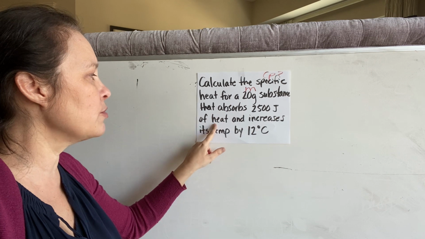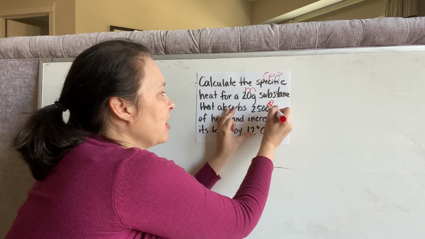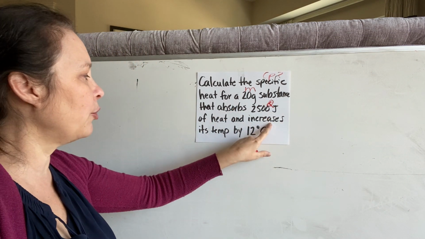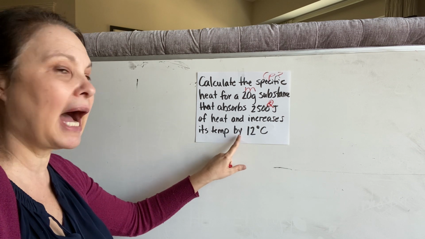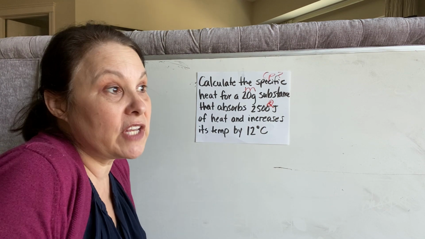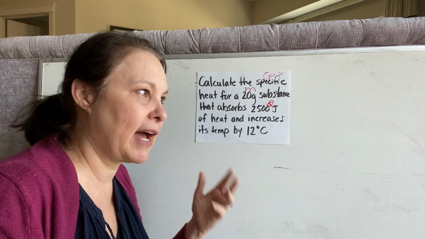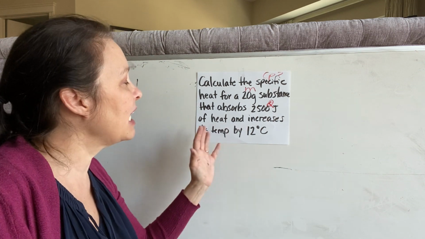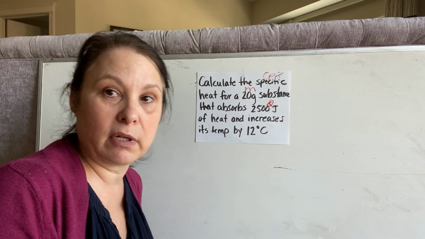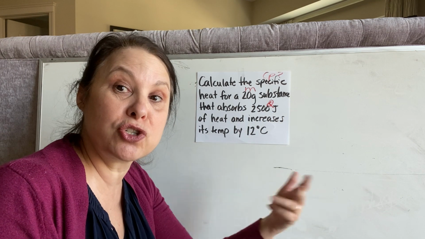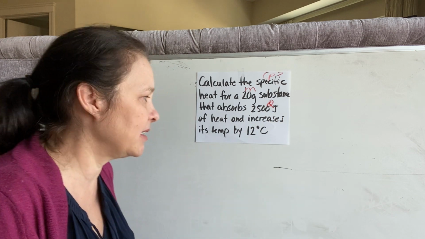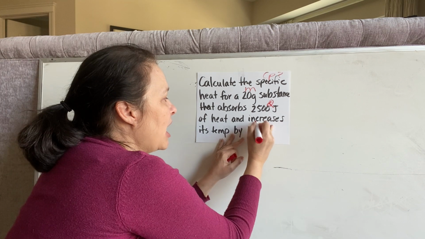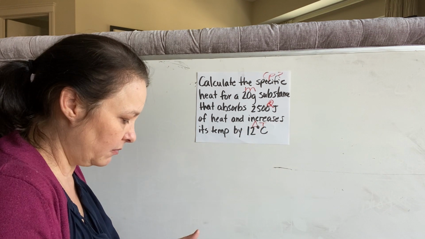So joules is the heat, that is my Q, and it increases its temp by 12 degrees. So this time I didn't have to subtract final minus initial. It didn't tell me that it went from like 10 to 22. It just told me it went up by 12. The change is 12. I didn't have to subtract to find it. So this is my change in temperature.